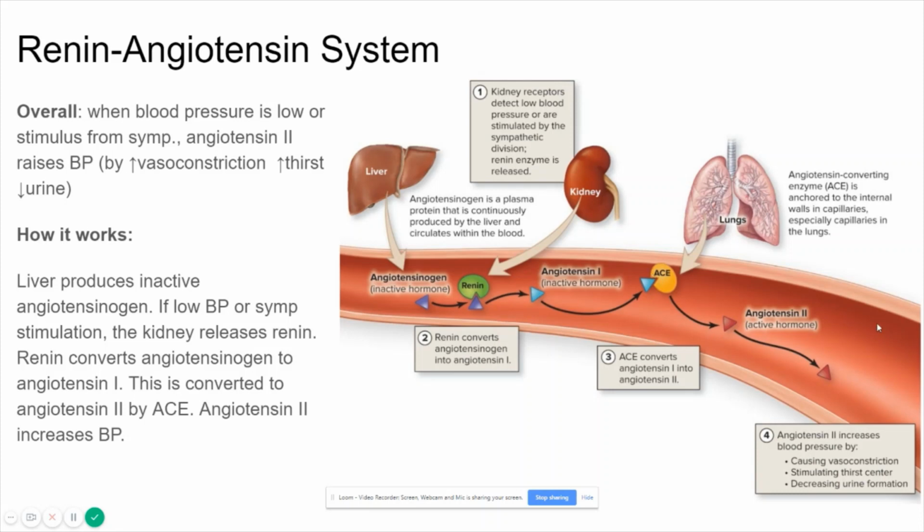Anyways, once angiotensin II is active, it's going to increase your blood pressure, as I said, by constricting your blood vessels, particularly the muscular arteries and the arterioles, by stimulating your thirst center, causing you to drink more fluids, and by decreasing your fluid loss, by decreasing urine output. So that's renin-angiotensin II. Overall, angiotensin II raises blood pressure.